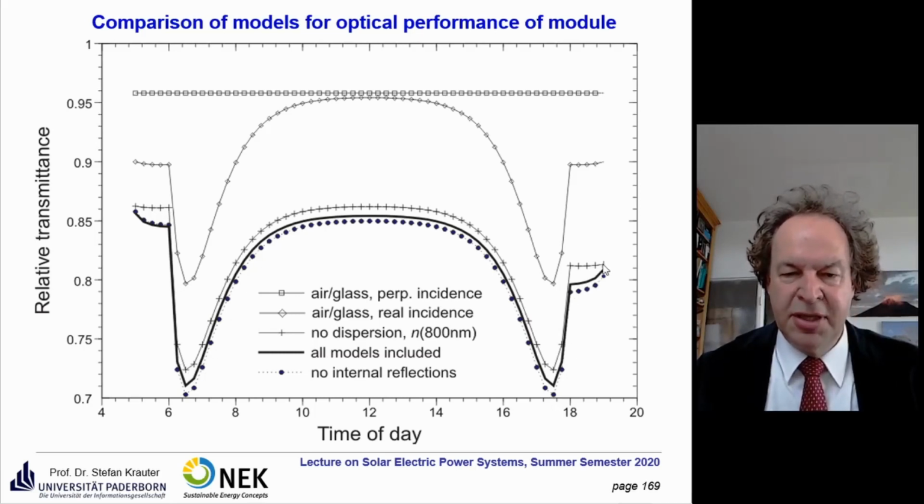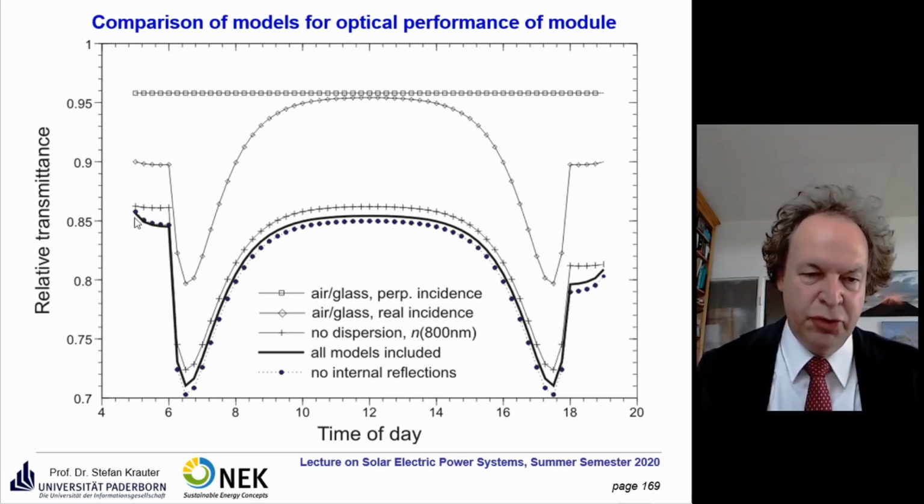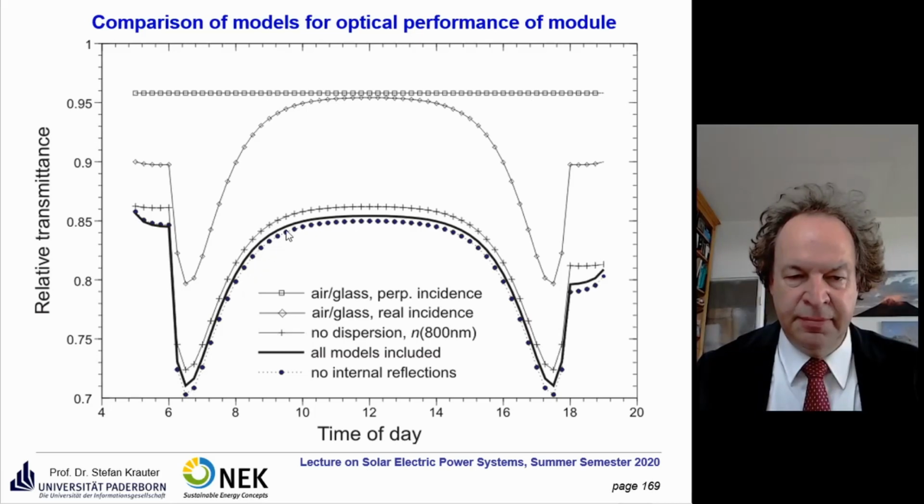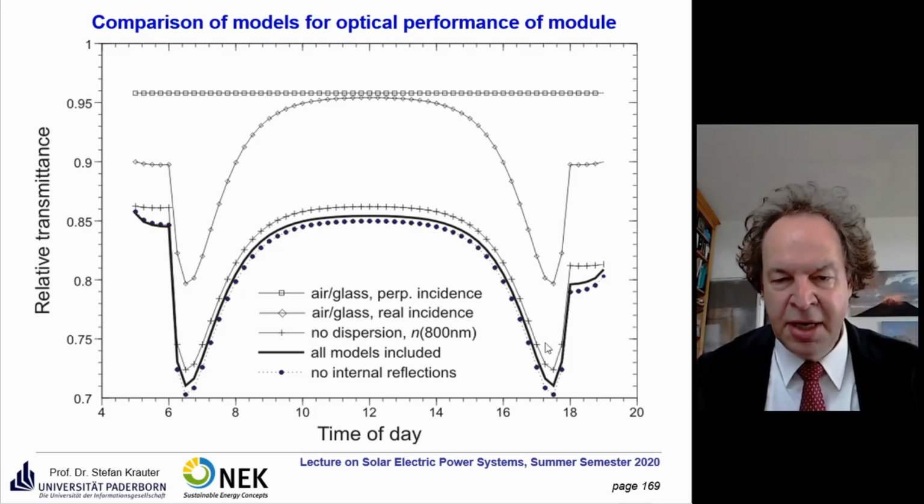So here you see, if you consider the three layers, the optical performance is really a bit worse than predicted, very far away from what you often find in literature, where reflection losses are only 4%. And if you took all modules into consideration, you come to the bold line here.